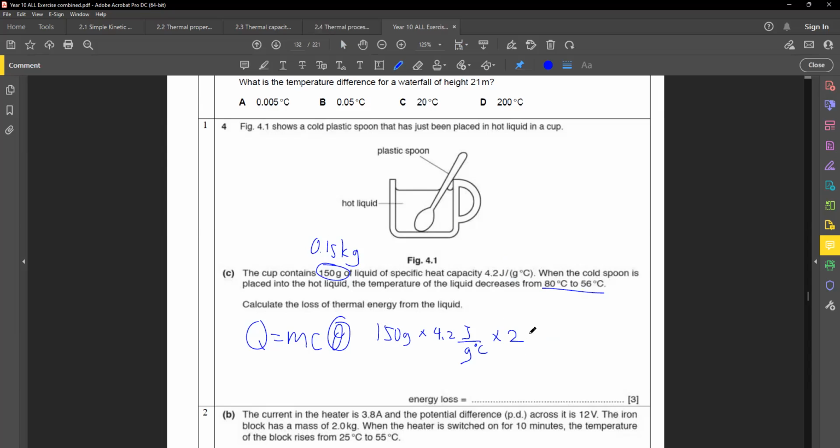The change in temperature should still be 24 degrees Celsius. That's why you cut off the units here, and you end up with 15120 joules, guys. This is essentially just mathematics at this point. You don't need to change this to kg, because you'll get kg per gram, which doesn't work out, right?